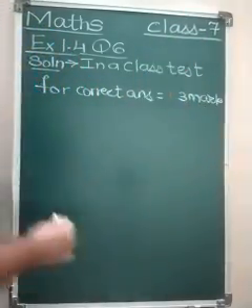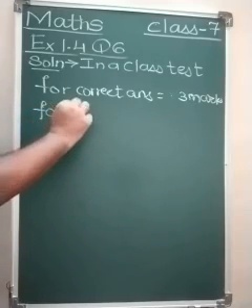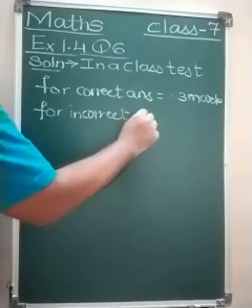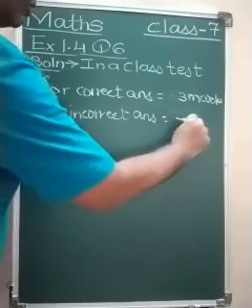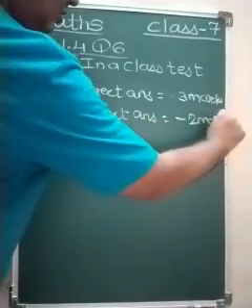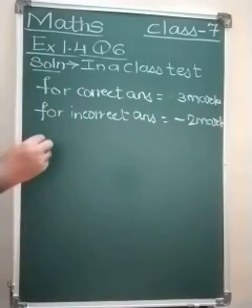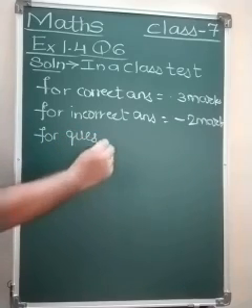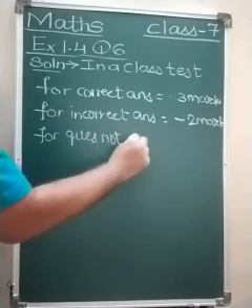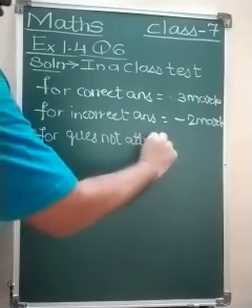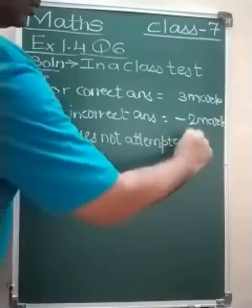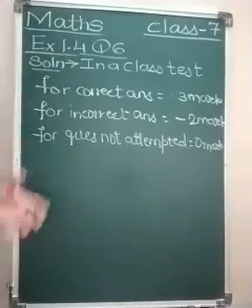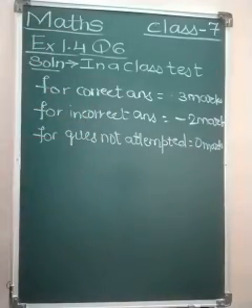For incorrect answer equals minus 2 marks. For question not attempted equals 0 marks. So this is the basic information the word problem is giving to us.